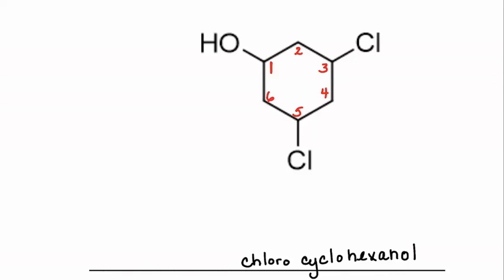In this chloro group, because we have 2 of them, we're going to put dichloro to symbolize that we have 2 of them. And lastly, we're going to give their positions separated by a comma. So at position 3 and at position 5, we have 2 chlorines, okay? Put a 2 in the chat if it makes sense. Great. So let's go back.